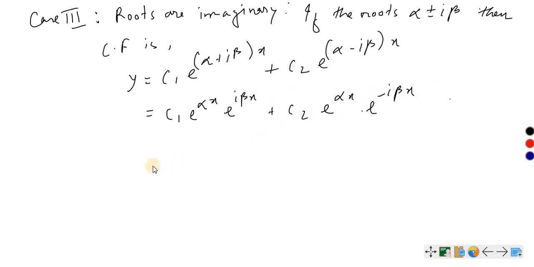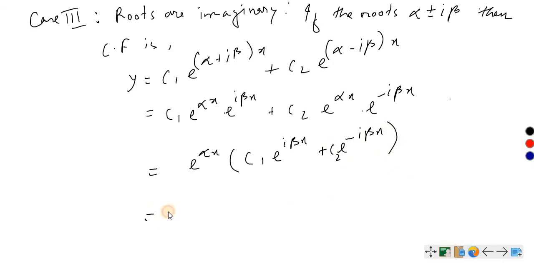So I can take e to the power alpha x common here. So e to the power alpha x is common, and I am left with c1 e to the power i beta x plus c2 e to the power minus i beta x.